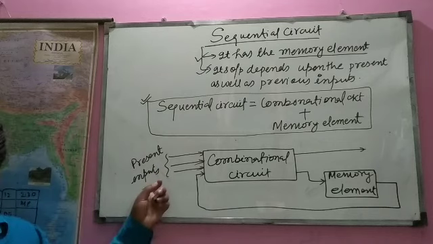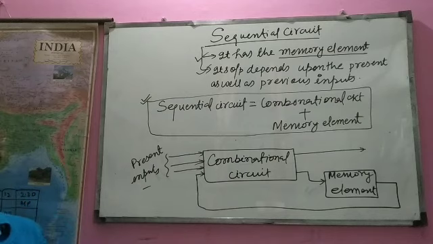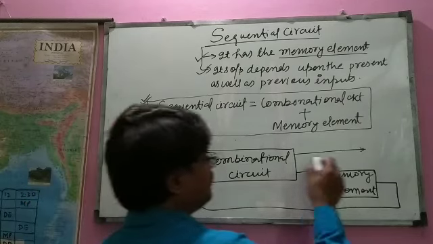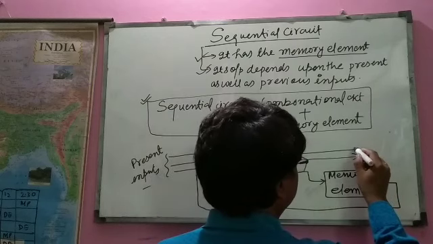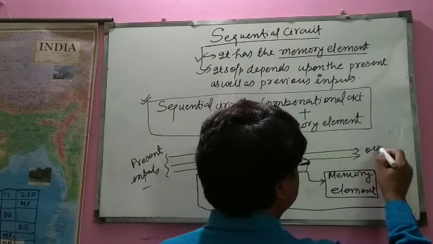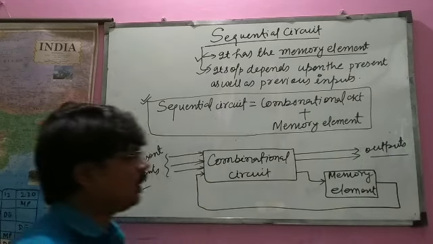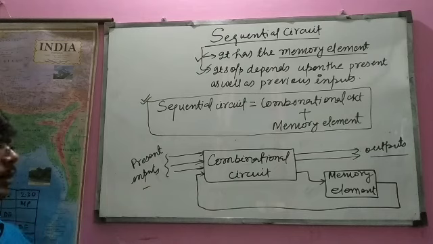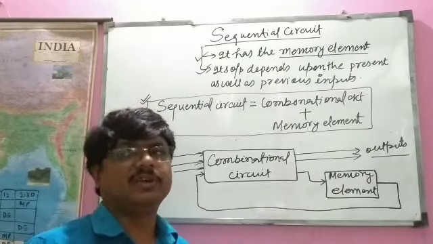And this is the output; there may be one or more outputs. So these outputs will depend upon the present input as well as the previous input and the intermediate state.